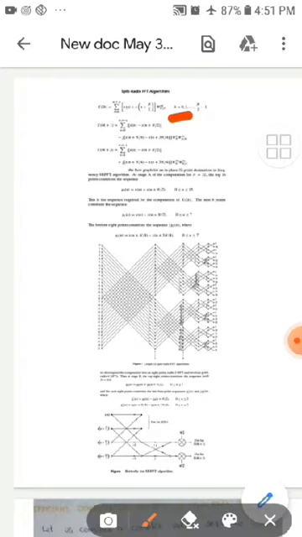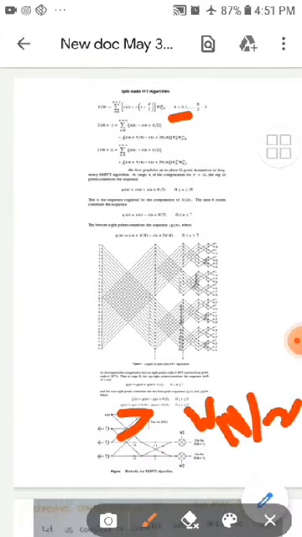So we can draw it as x of n, this is the x of n, plus x of n plus N by 2 into W N by 2 to the power of nk. Okay, this is the X of 2k.